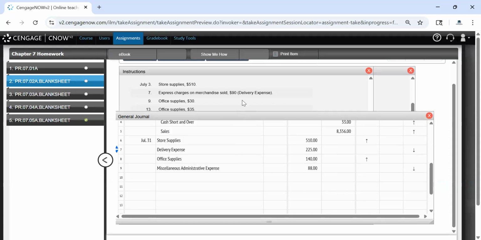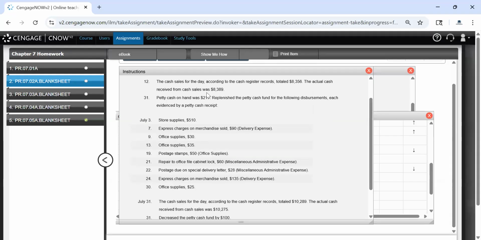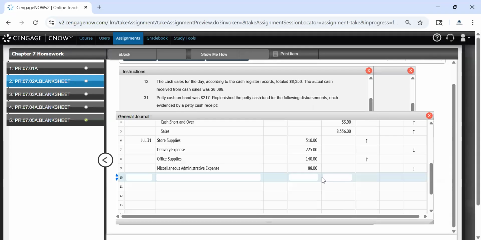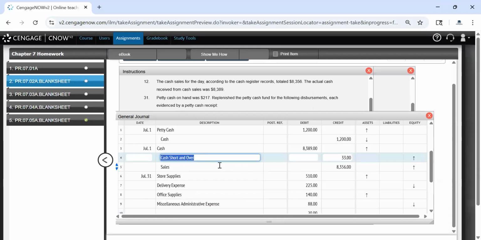And that means that we should have $237 left in the petty cash fund. However, we only have $217. And so we're $20 short. So that's going to be an expense to cash short and over.